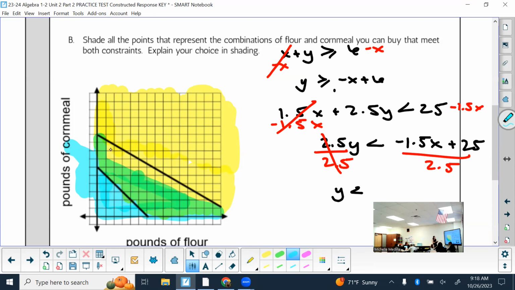So where exactly is the solution for mine? What color? The green. So if this were me, I'll make sure I put a big S there, or make that part really dark and the other part lighter. But it needs to be really clear what the solution is, not both constraints. So that's what we said. Both. So questions on that?